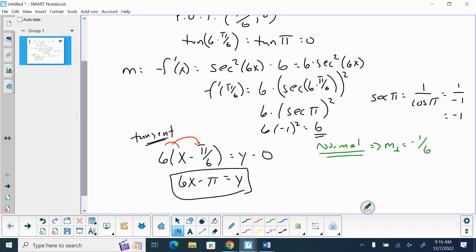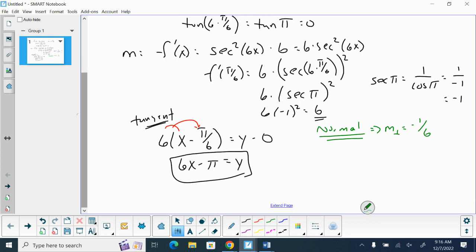So we have negative 1/6. So we have negative 1/6 times x minus pi over 6 is equal to y minus 0.